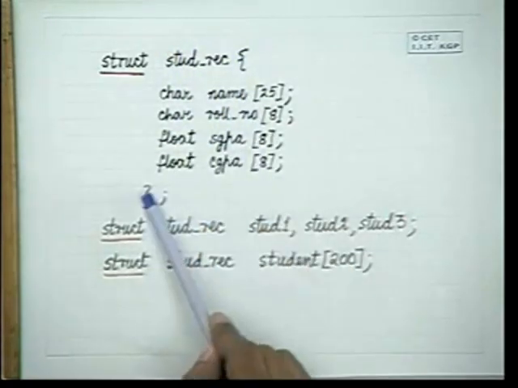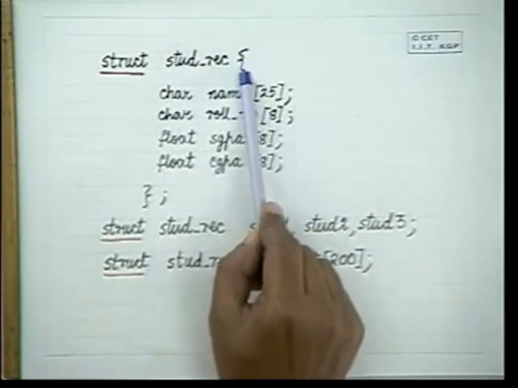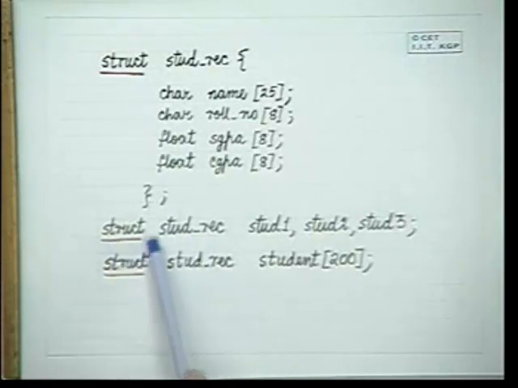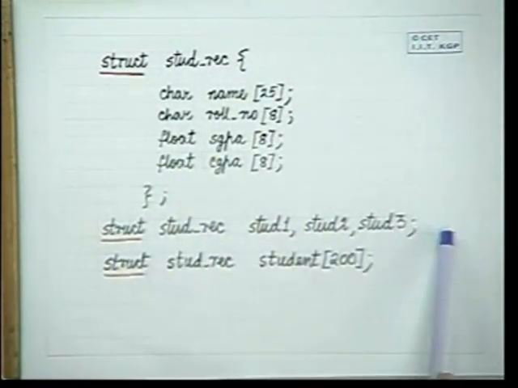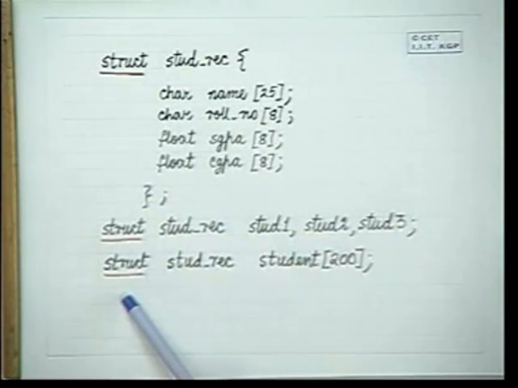Studrec will be replaced by this here. Studrec will be replaced by this declaration here. So you will have struct followed by this, followed by this. So this is one way in which you can define a type and do this way.